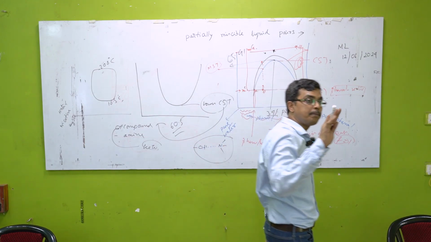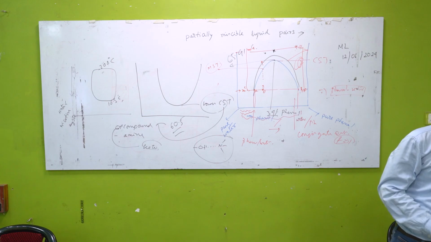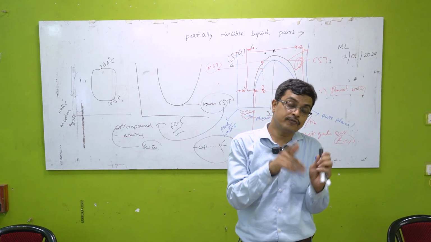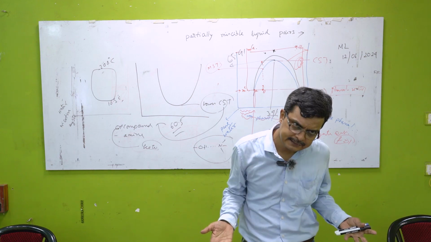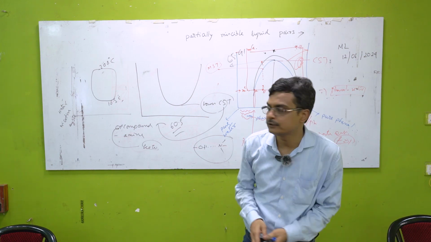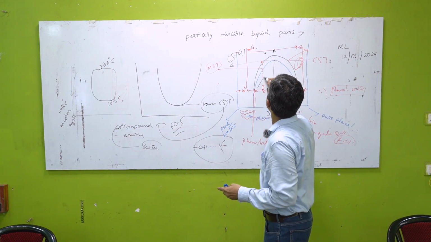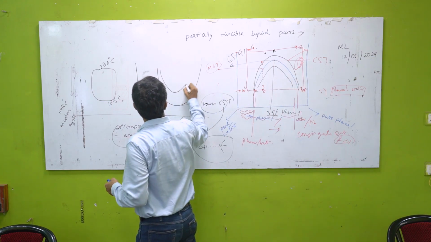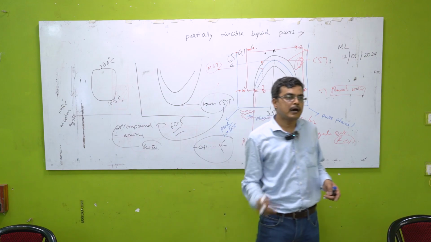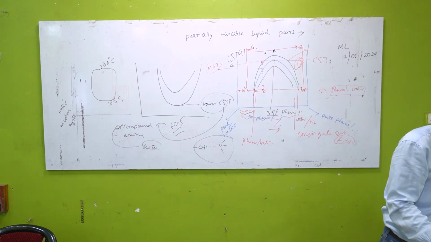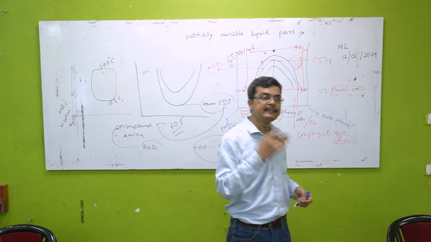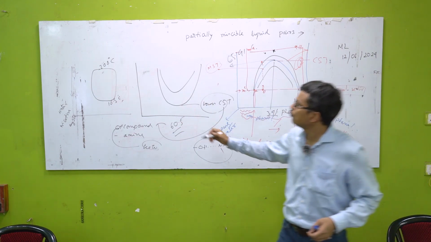When you apply pressure from outside, first you find out that solubility increases, and when the solubility increases, this curve will be like this now, and this curve will be like this. So upper CST will decrease and lower CST will increase.